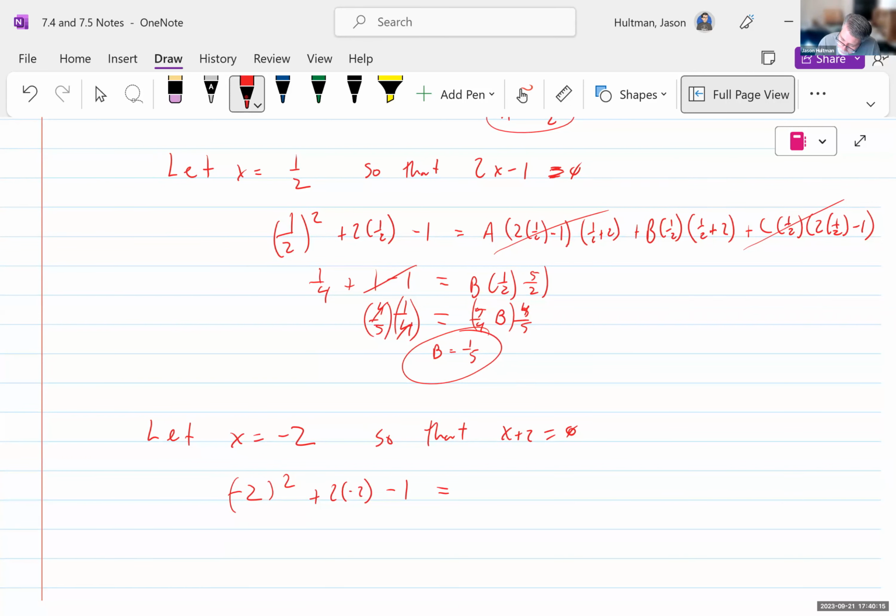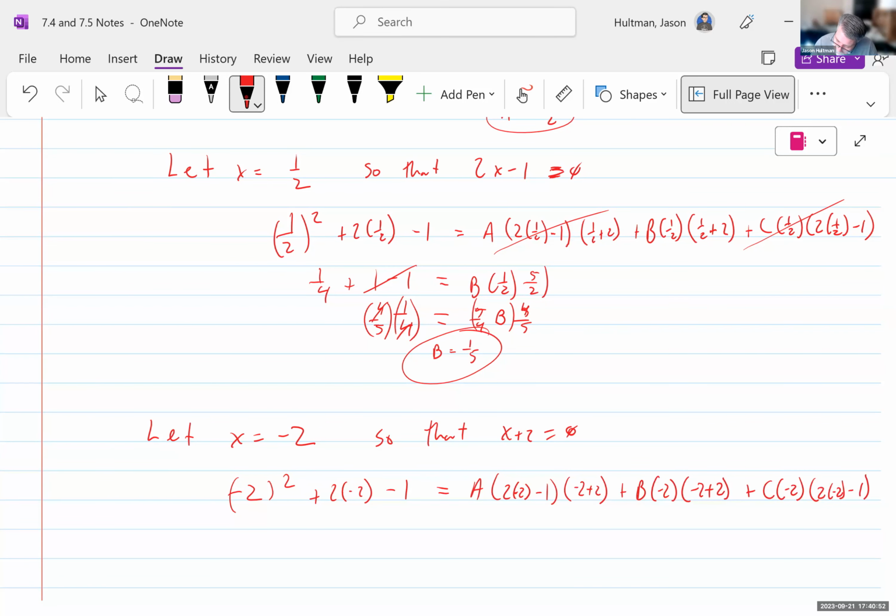in this case, A and B are going to cancel out. But let's go: A times -2 minus 1 times -2 plus 2, plus B times -2 times -2 plus 2, plus C times -2 times 2 times -2 minus 1.